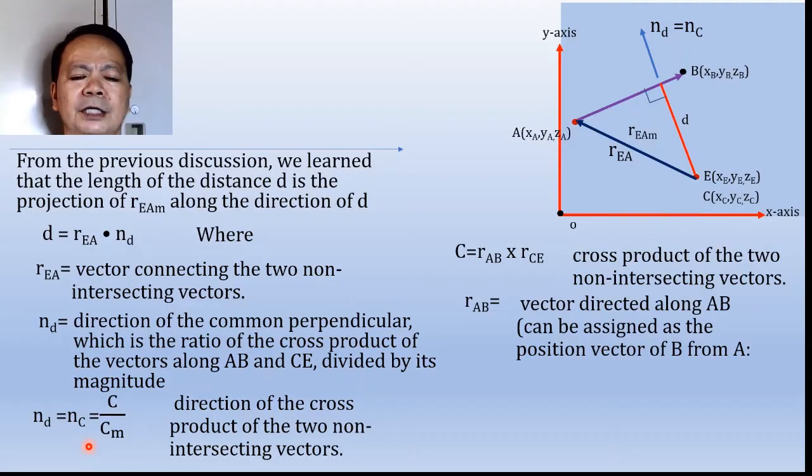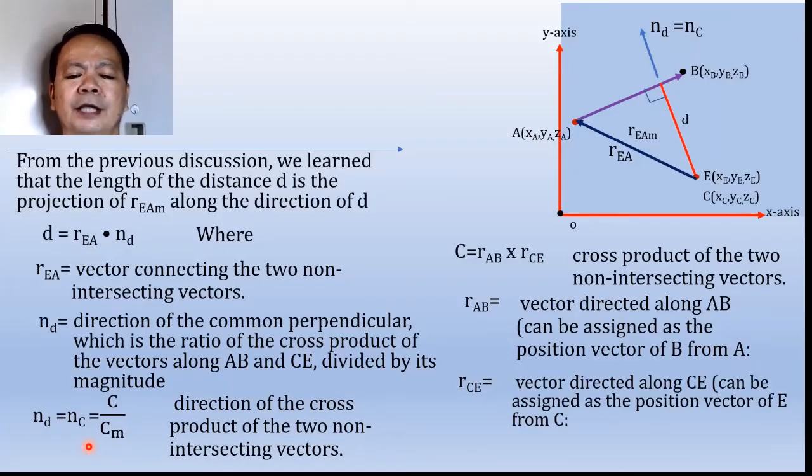R_AB is the vector directed from A towards B, and R_CE is the vector directed from C towards E. And we can actually use those as the position vectors. So to easily follow and understand the application of that cross product, let us have this particular example.